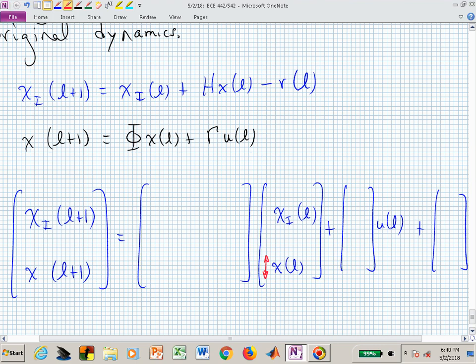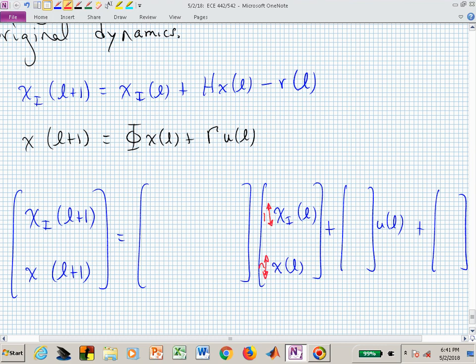How tall is this vector? We assumed we had one output and one reference input. That was just one. So now our state vector has grown by one. We're just augmenting it by one more component. We had n components, we're just putting one on top of it.